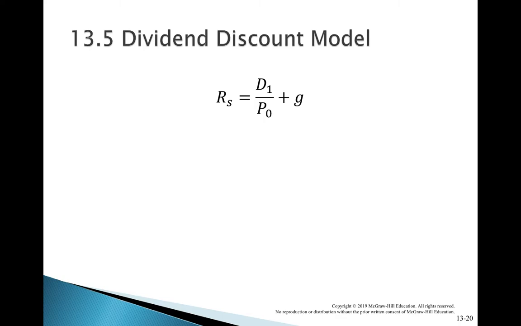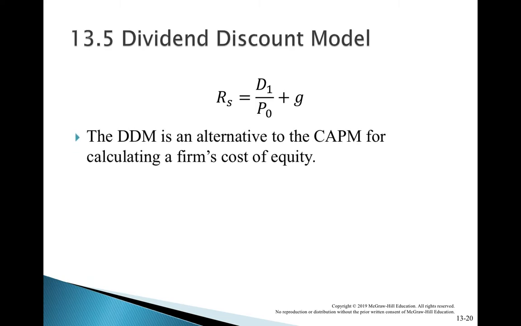It is a very useful and popular model in finance. The DDM is an alternative to the CAPM for calculating the firm's cost of equity or cost of common stock. The two most important methods for calculating cost of equity are, one, the CAPM approach, capital asset pricing model, and the other, the dividend discount model approach, which some authors call CDGM, constant dividend growth model.